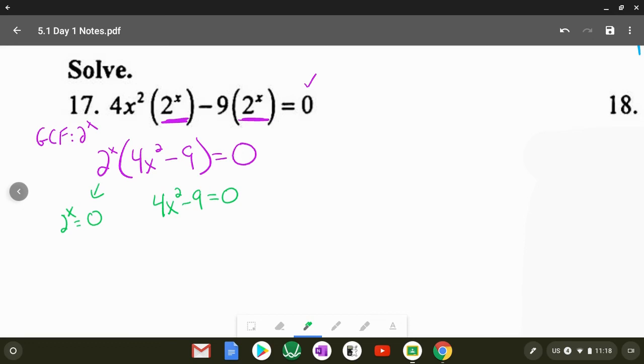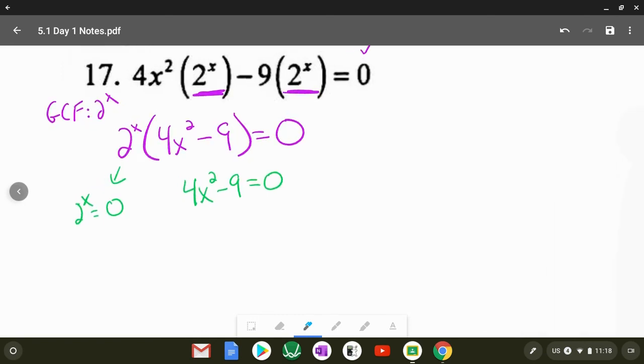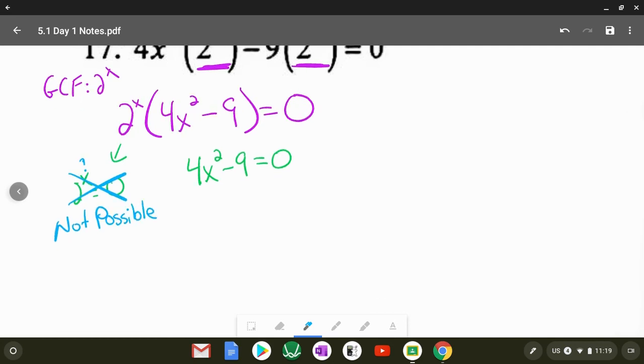The tricky part on this is, now we have to think a little bit more. 2 to what power equals 0? Well, we know that 2 to the 0 power equals 1. So we know that this is not possible. Because 2 to the 0 equals 1, x can't be 0. 2 to the negative 1 equals 1/2.